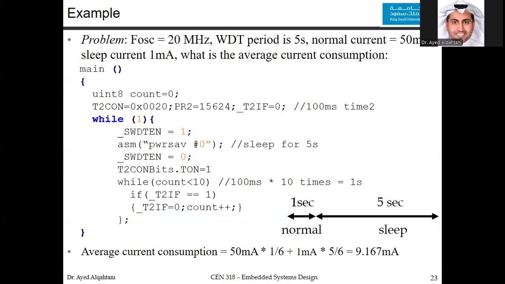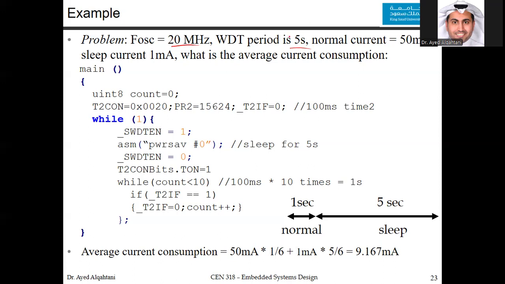Now, for this last example, it tells you certain specification for the normal mode, when the watchdog timer is running, and things like this. So in this problem, the frequency of oscillation is 20 megahertz. The watchdog timer period is given to you, and it's 5 seconds.